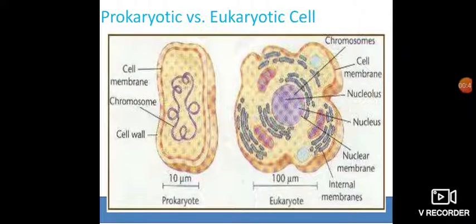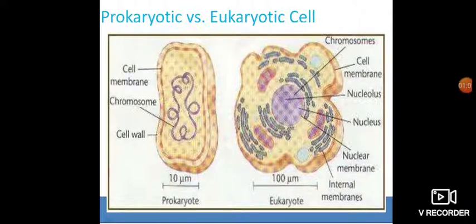Basically, we observe the structure. Normally, if we consider the nucleus, it is observed only in the eukaryotic cell. The prokaryotic cell does not have a nucleus. If we consider the nucleolus, it is also not observed in the prokaryotic cell.